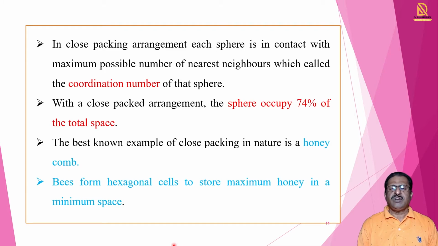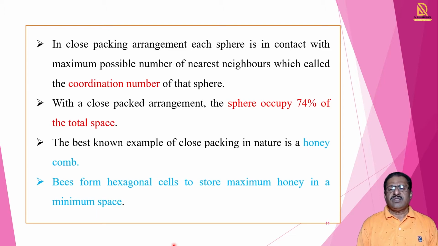So when one central ion is surrounded by 6 oppositely charged ions, the coordination number of that central ion is 6. In the close packed arrangement, the spheres occupy 74% of the total space and the remaining is hole or void.